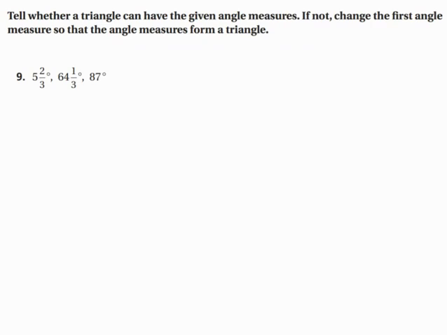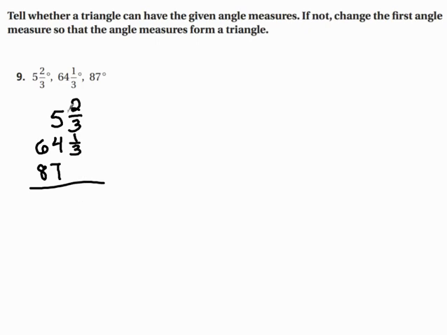On this one, we want to know, can this work? Can we add these together and will it equal 180 degrees? So we're just going to take the numbers 5 and 2/3, add it together with 64 and 1/3, and add that together with 87. So 2/3 and 1/3 is 1 whole.